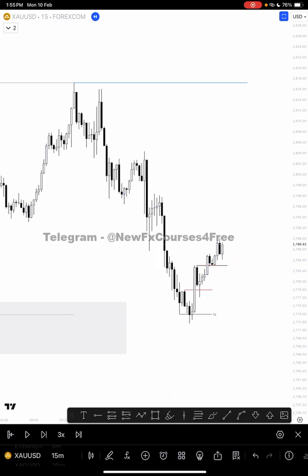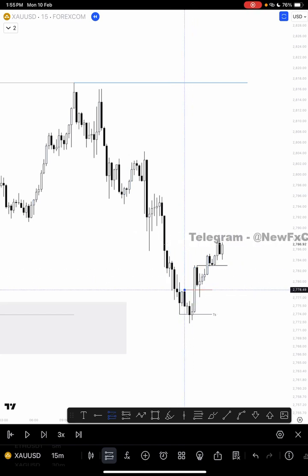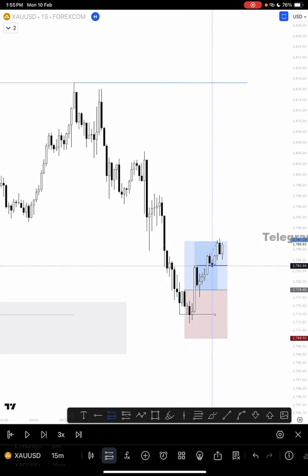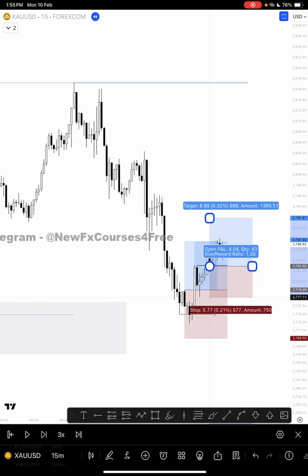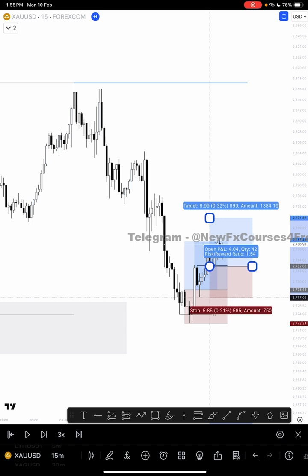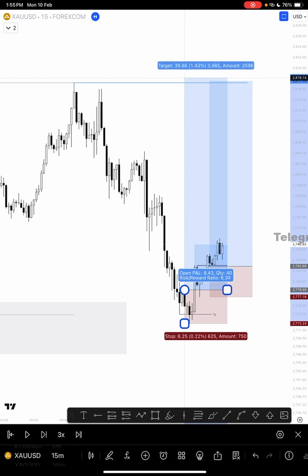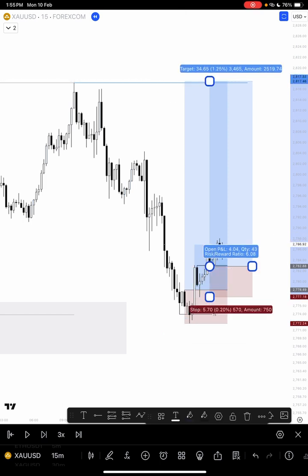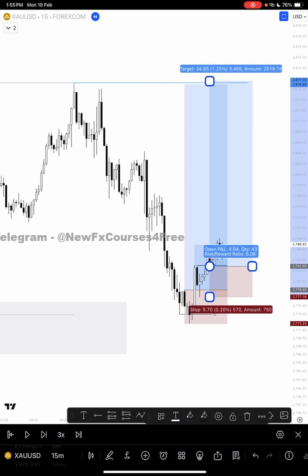So the market actually gave you 2 entry opportunities. This is one, and this is the second one here. Two buying opportunities. You can put your stop here, and for the other block entry, you can put your stop here and target the same areas. Almost the same arrow.